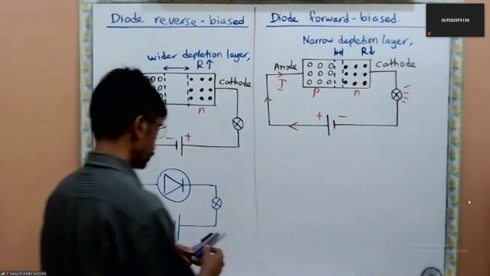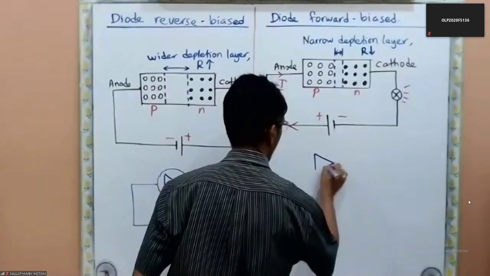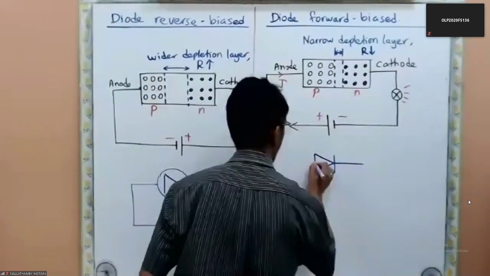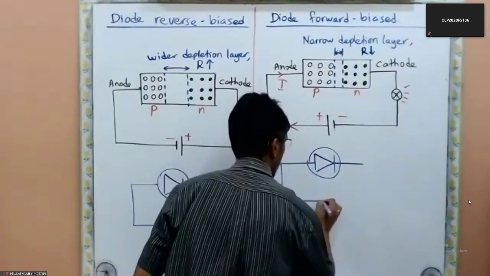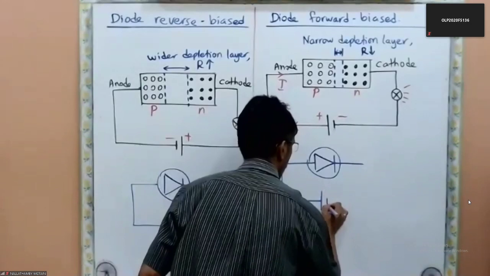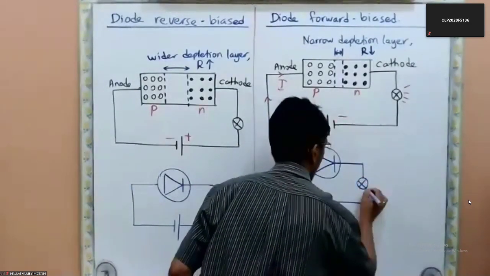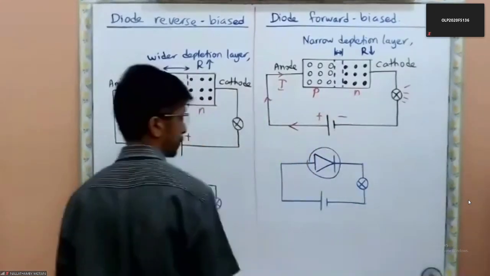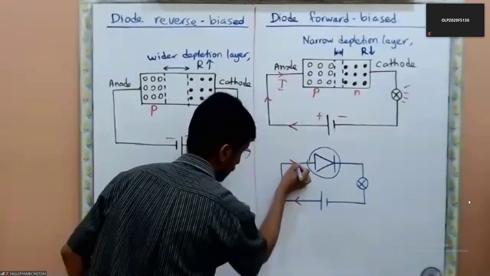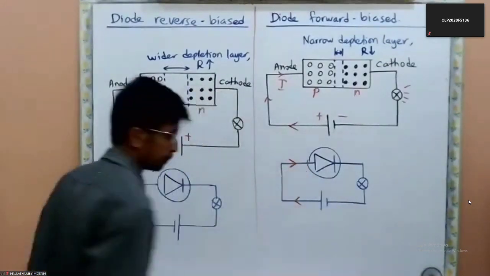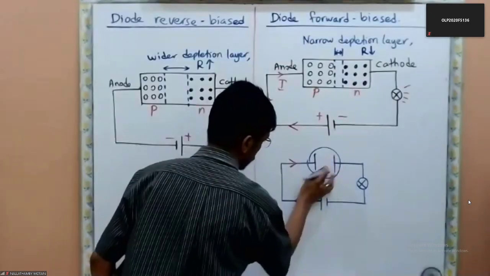Okay. But in terms of symbol, now you see current flow. You see the arrow, in the same direction as this triangle, right?